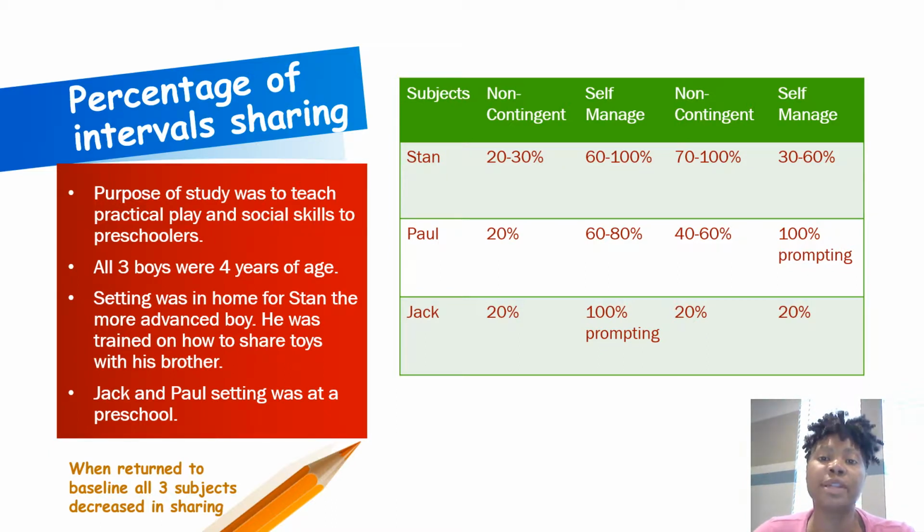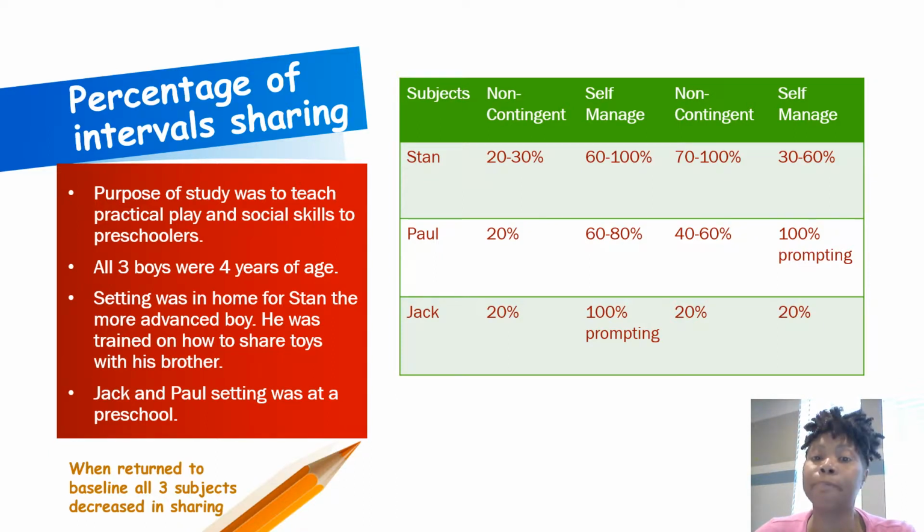Jack self-managed his behavior by taking tokens 100% of the time with a verbal prompting. During the second non-contingent phase, he was back at 20%, and the self-management phase, he was also at 20%. So it tells me that Jack may need more training on how to use this intervention.